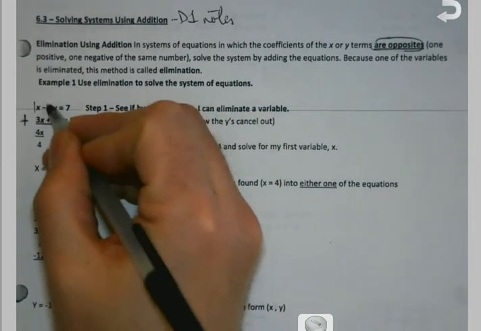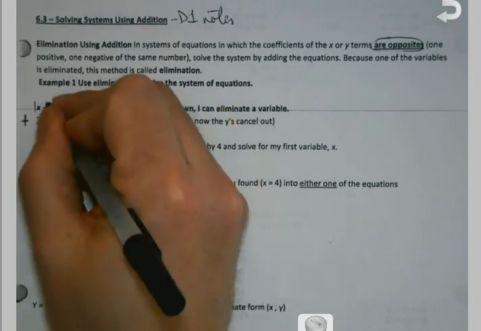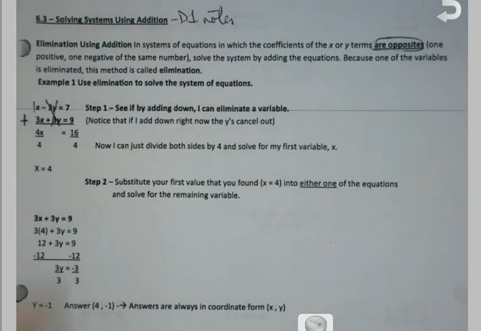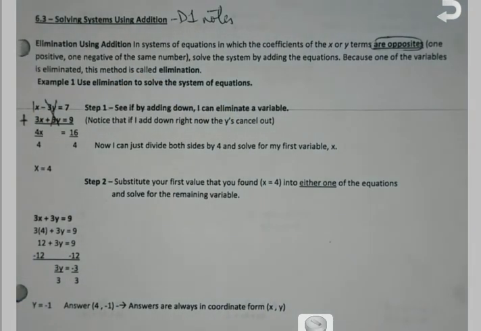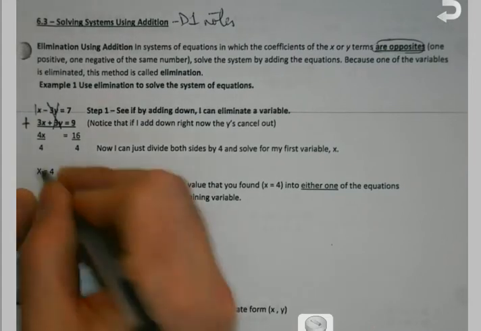But here's the key: negative 3y and positive 3y are opposites. They cancel each other. All of a sudden, I just have one variable left, x, and it's a one step. I just divide by the 4 and figure out what x is.